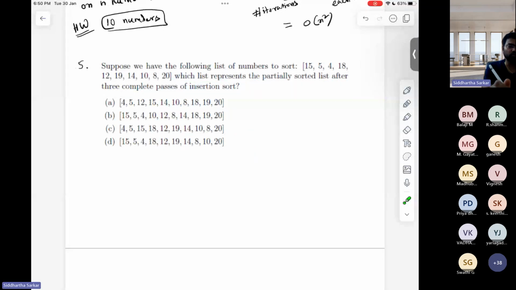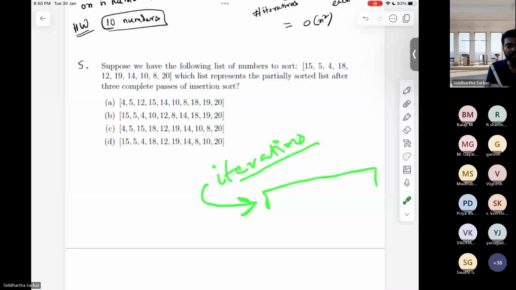How insertion sort works is that it takes this input and refines it. It runs iterations, and in each iteration the input is transformed so that it goes towards the sorted sequence, which is our goal.